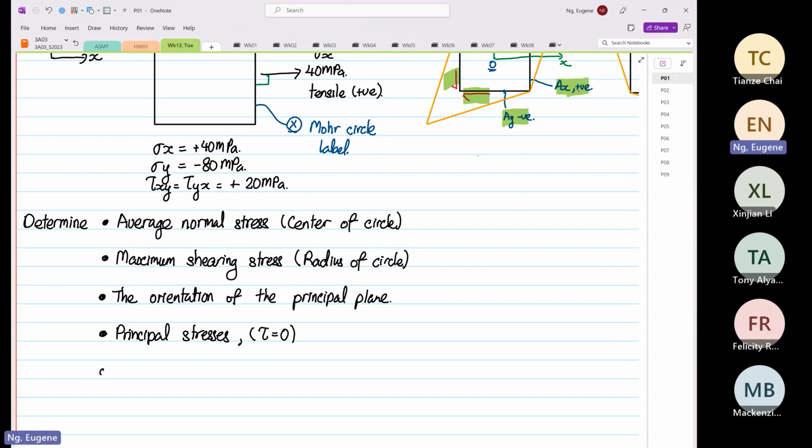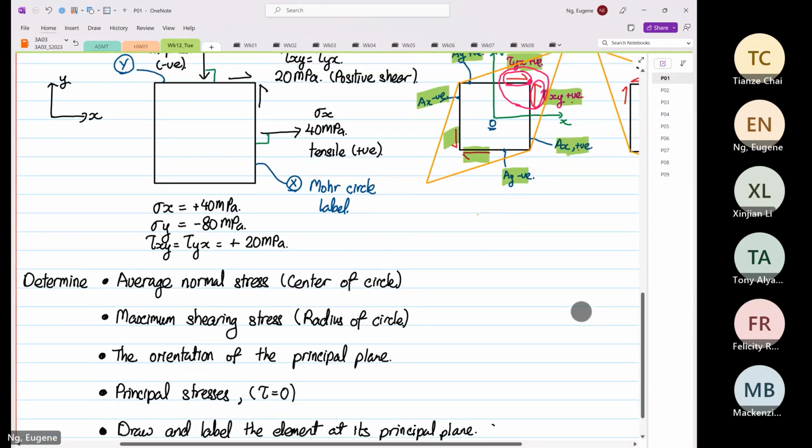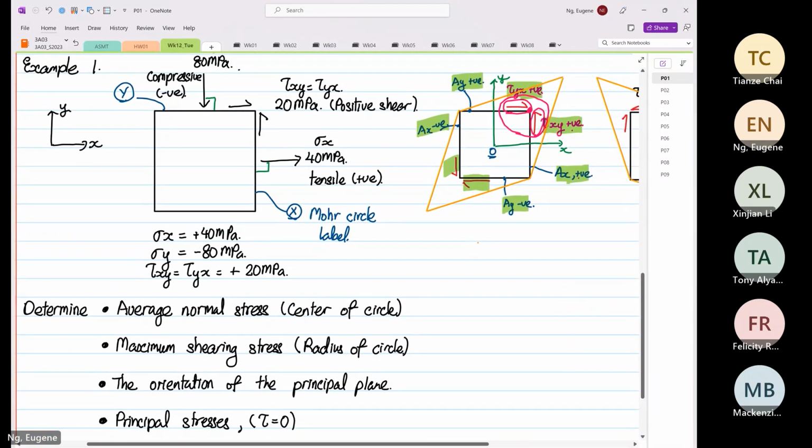And then finally, we are going to draw and label the element, the element at its principal plane. Okay, so that is our Mohr circle.